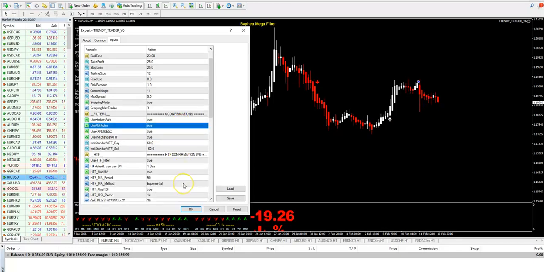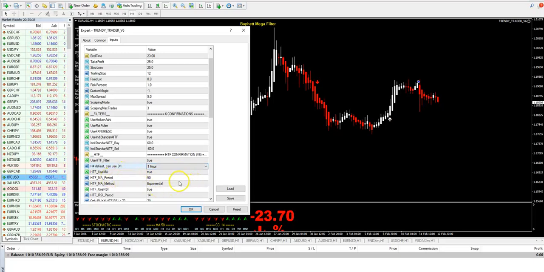Higher time frame confirmation, you see, if you are on 4-hour time frame, it is good to put a higher time frame 1 day. Maybe if you are on 1 hour, then you can put 4-hour confirmation. Or if you are on 15 minutes, you can put 30 minutes. One step over, further, 1 hour confirmation for 30 minutes.